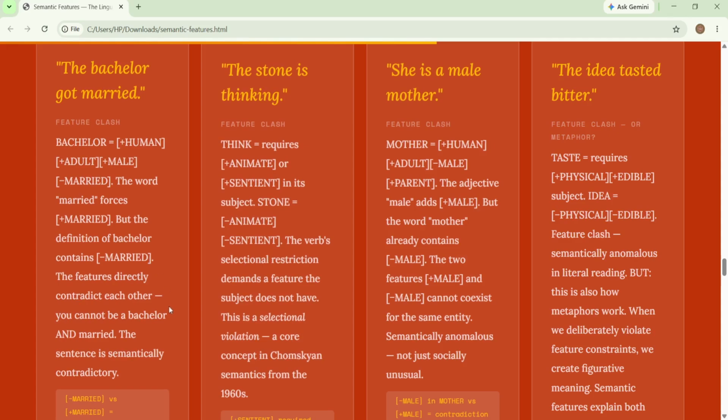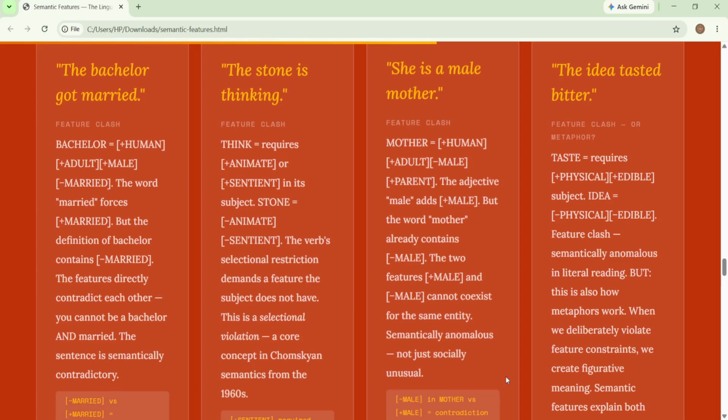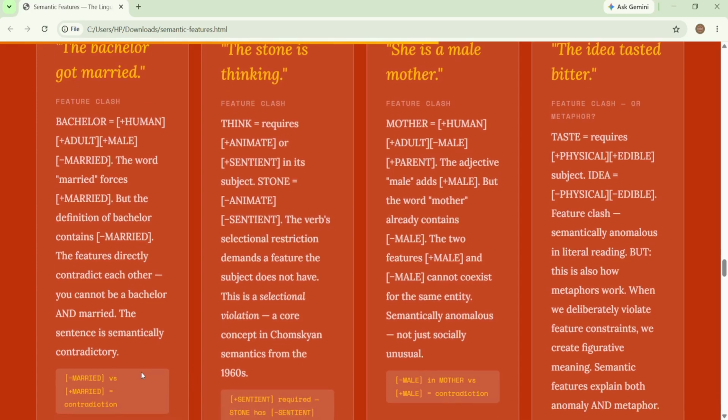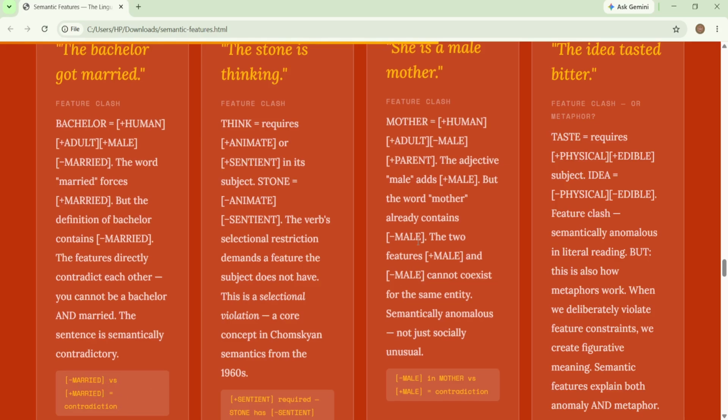So the features directly contradict each other. You cannot be bachelor and married at the same time. So the sentence is violating the semantics, which is the meaning of bachelor. So here the word married, negative versus positive married is a contradiction here.